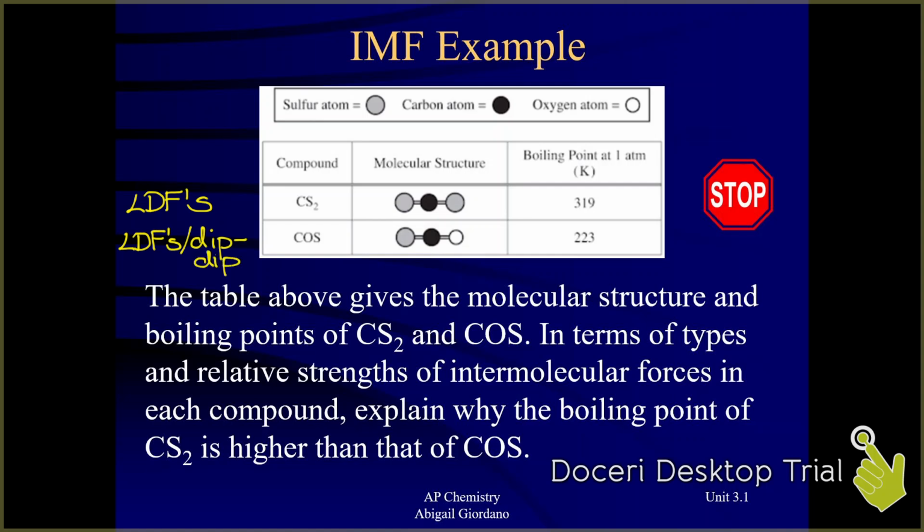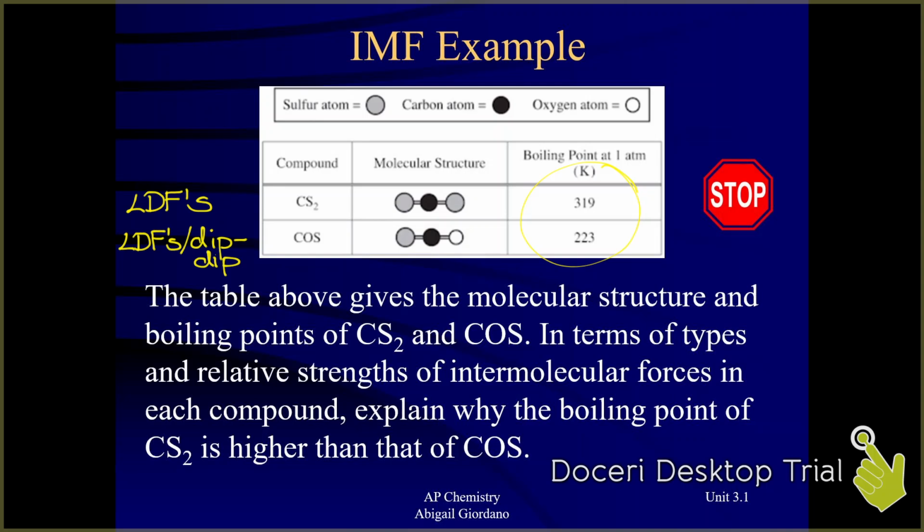Okay, now, just based on what I've written right there, I would expect COS to have the higher boiling point. But I can see, if we look over on the right-hand side, that in fact CS2 has the higher boiling point. You would not be asked to predict that, and that's why they're telling you, hey, CS2 has the higher boiling point. Now let's explain why.